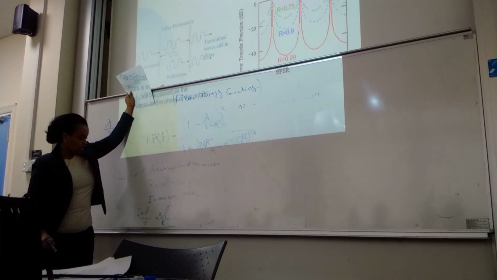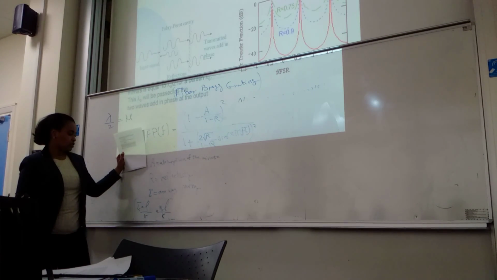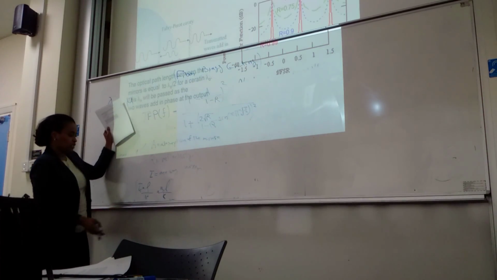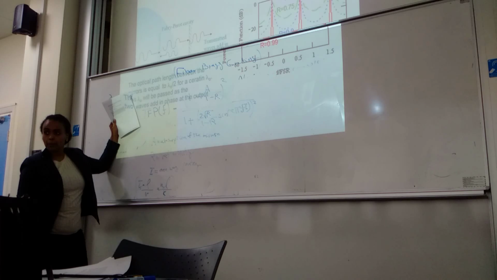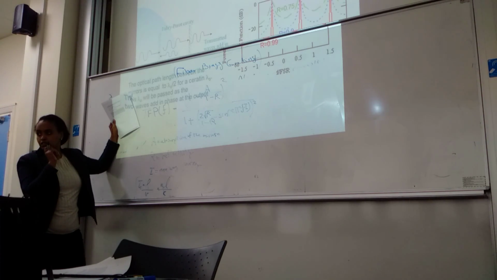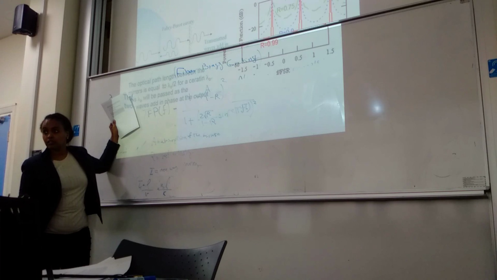So, if we want to change the wavelength that is reflected, what can we do? We want to tune the filter. We can either change L or n.